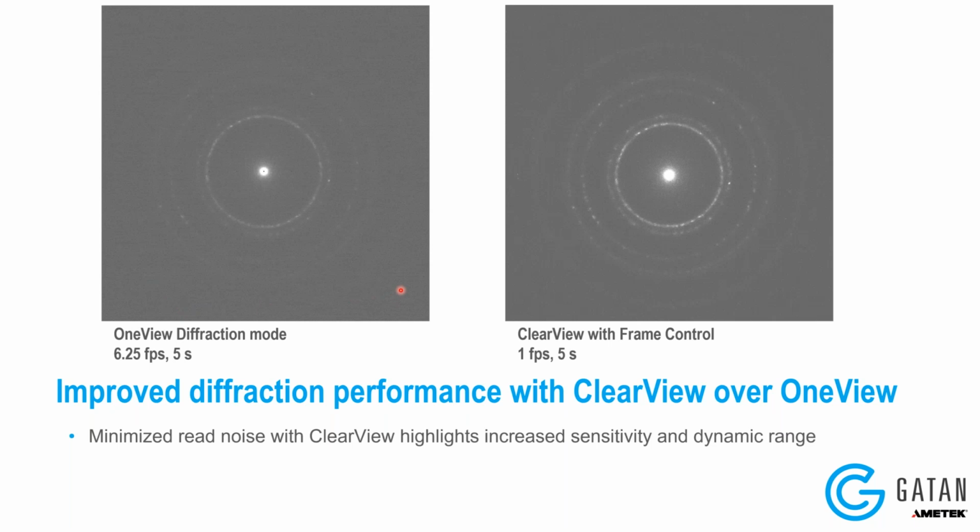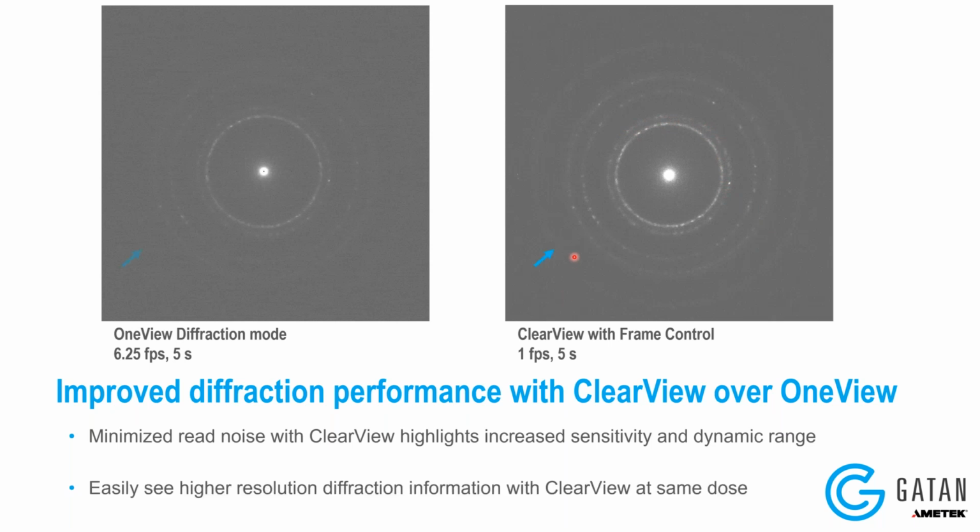And so there's one thing you can see, I think, clearly, which is that the spots and things in general in the pattern on the right with the ClearView are much brighter, and you can actually discern this ring here from the gold in the ClearView pattern that you cannot see at all over the noise in the diffraction pattern from the OneView camera here.